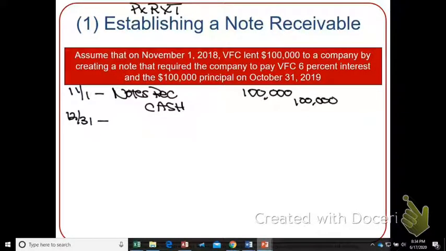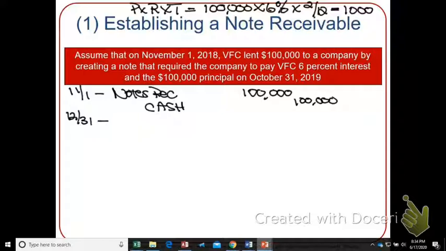Our principal is $100,000 times a rate of 6%, and the time is going to be 2/12, because only 2 months, November and December. So when you go and look at it, $6,000 is the total interest, $500 a month. Our total interest is $1,000.